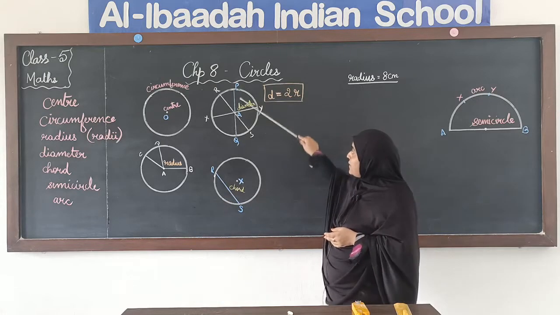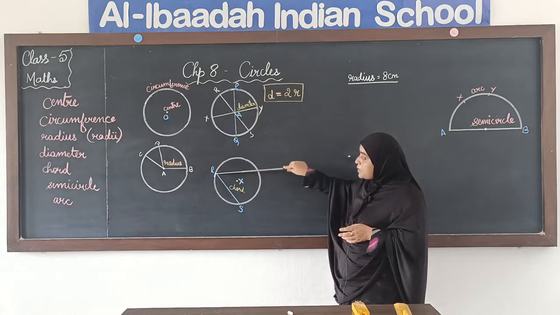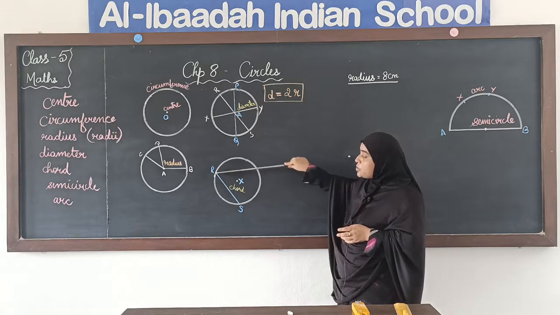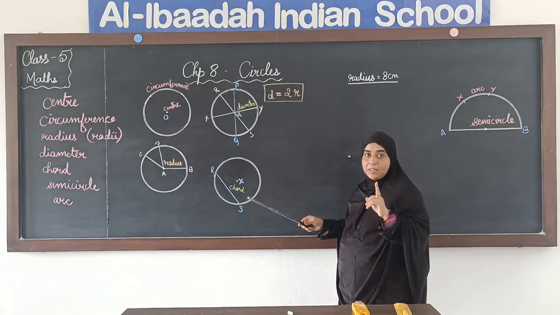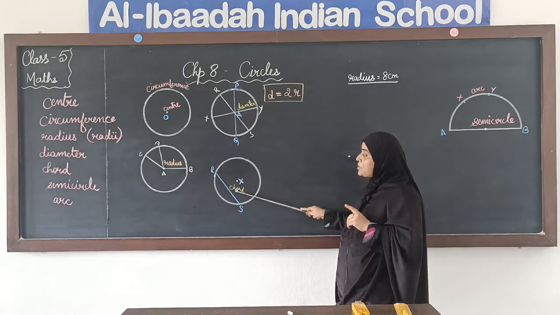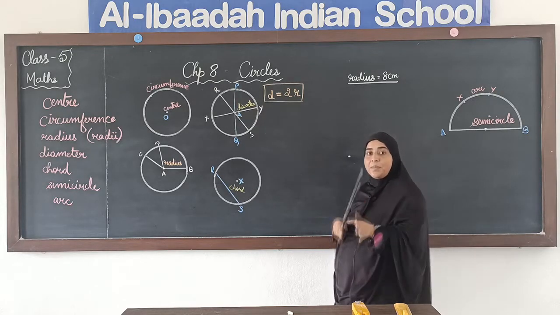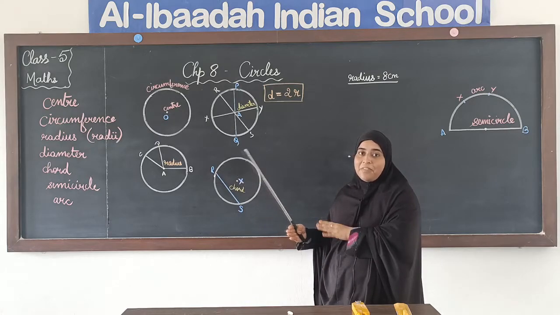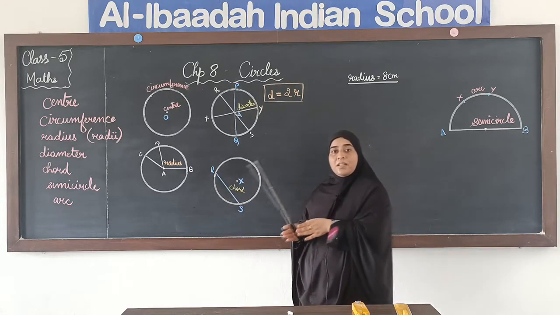It's a line that passes through the center and touches two points, right? Same thing the chord is doing, it's touching two points on the circumference, but here it is not passing through the center. Okay, that's why we just call it a chord. If this chord passes through the center, then it becomes special, and we call it diameter. Okay, that is the difference between the chord and a diameter.